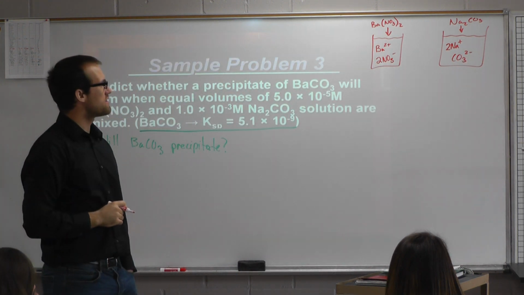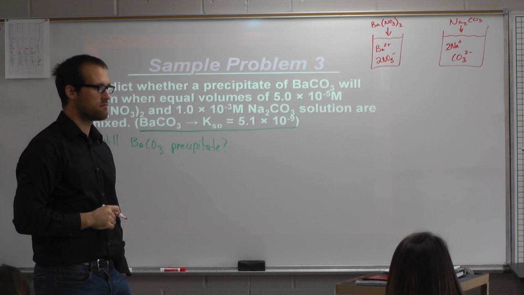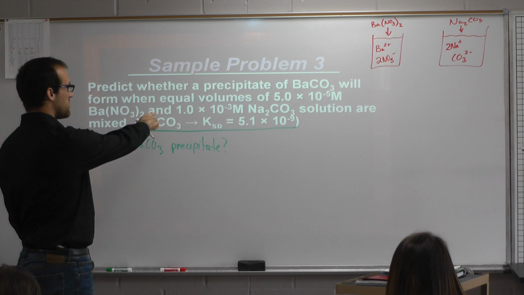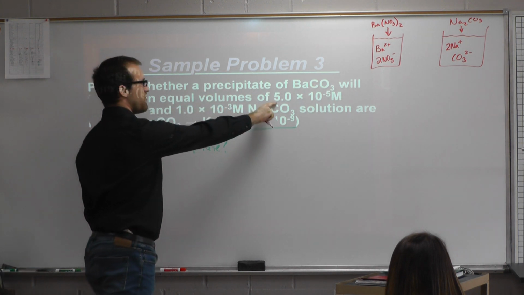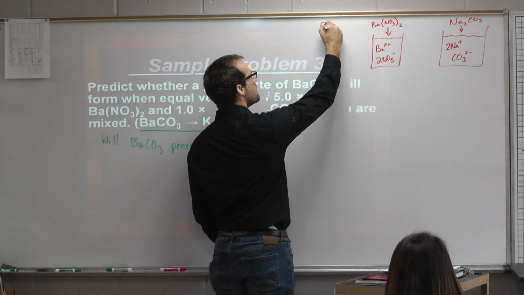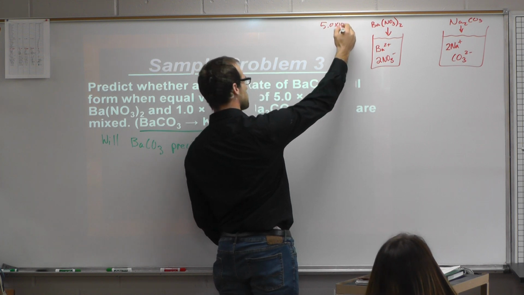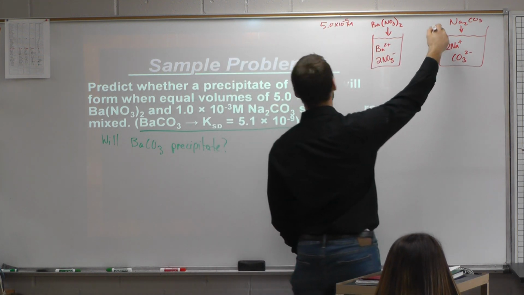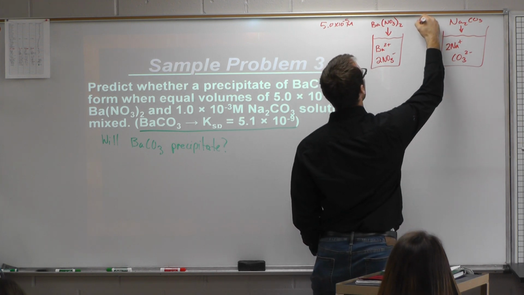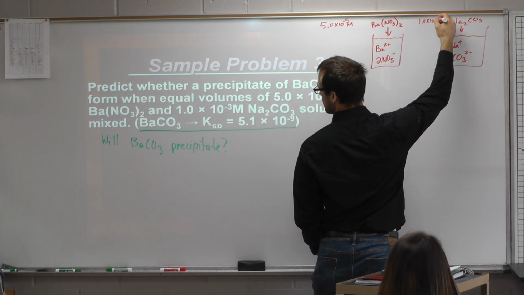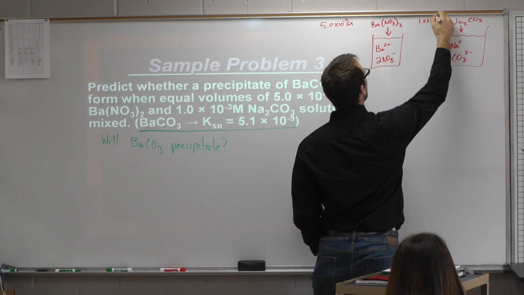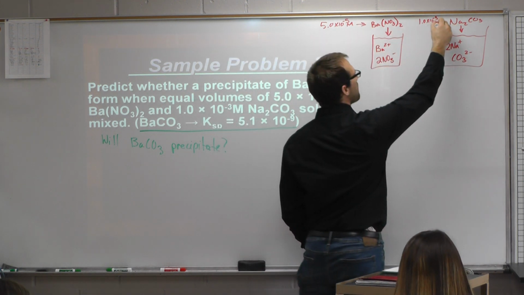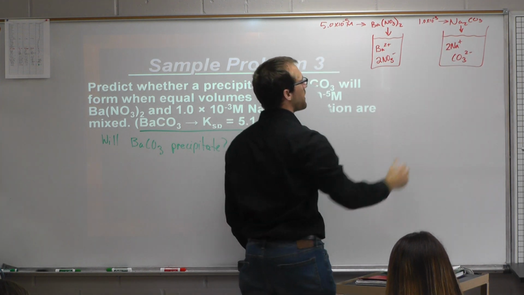Do I also know the concentrations of both of those salts? Did they give it to us? The concentration of the first salt? The concentration of the second salt? Right up in there.